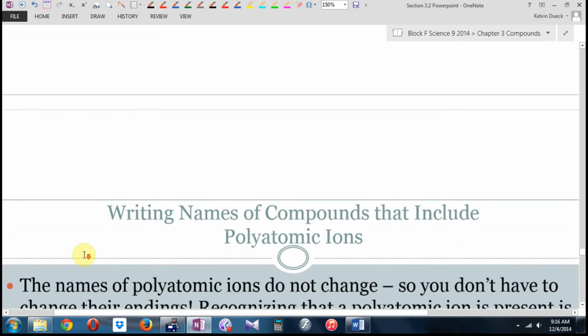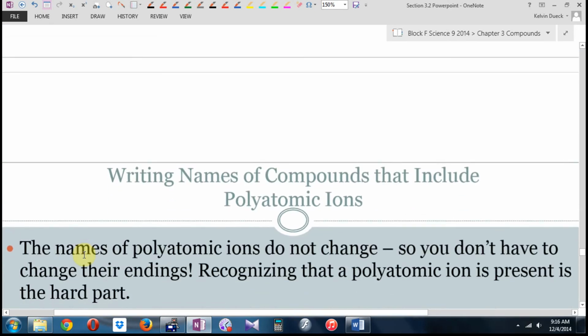Writing names. The names of polyatomic ions don't change, so you don't have to change their endings, which is nice. Recognizing that a polyatomic ion is present is the hard part.